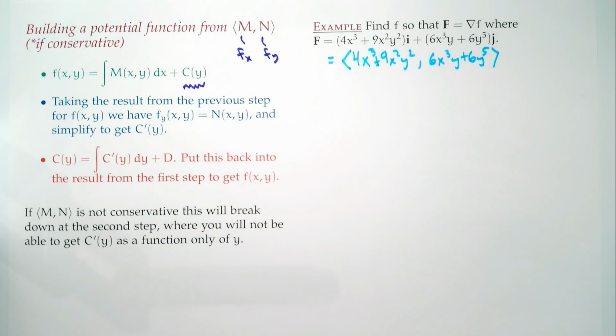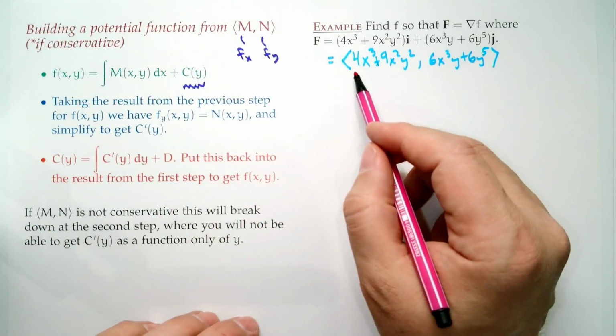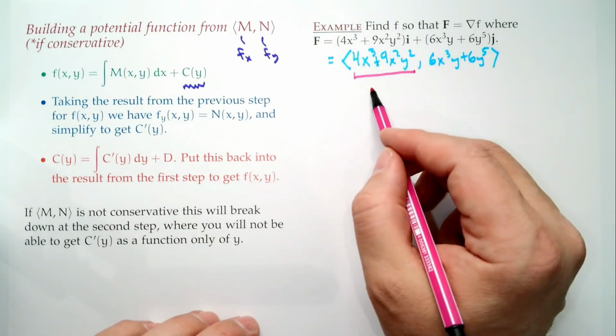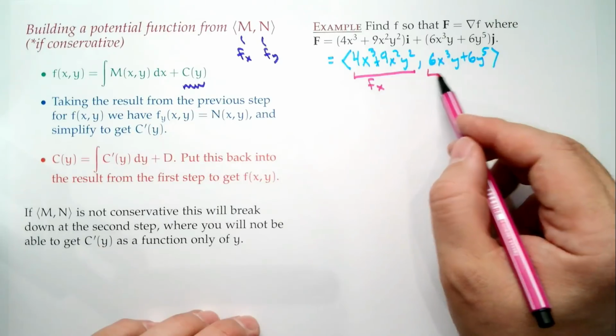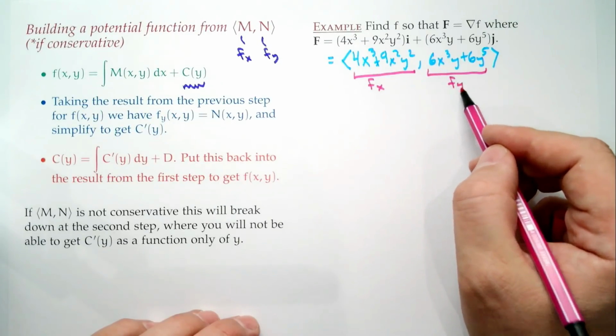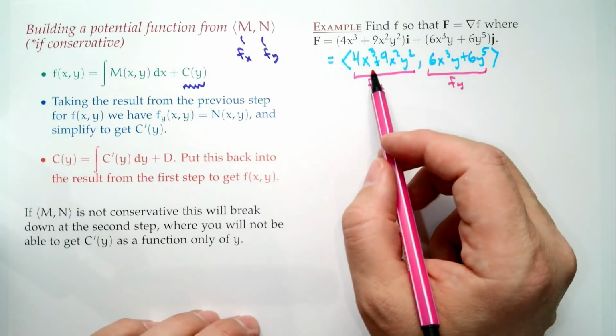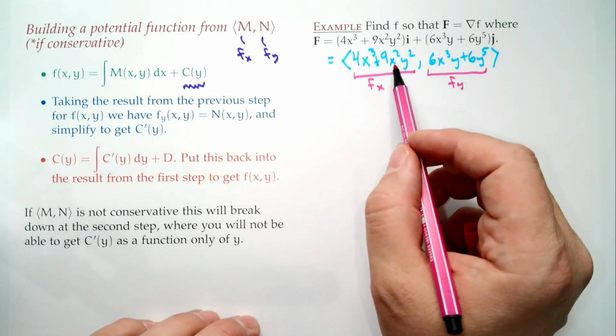Now, let's talk about the two methods. We'll do the second one second. The first method was to look at these partial derivatives. If I look at this partial derivative with respect to x, I need to figure out what my function should look like. So take the integral of everything you see with respect to x.